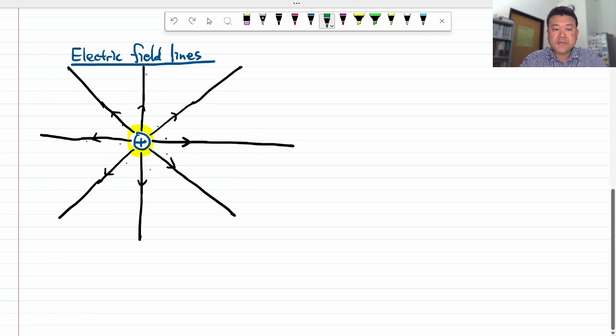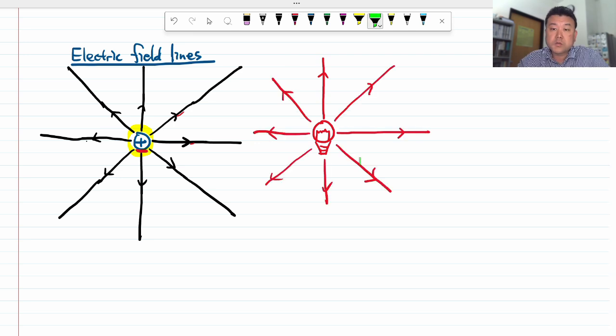We can think in analogies. Imagine that the positive charge is like a light bulb, and the electric field lines are like rays of light coming from the light bulb. The strength of the electric field is indicated by how densely packed the electric field lines are, and the intensity of light is indicated by how densely packed the light rays are.